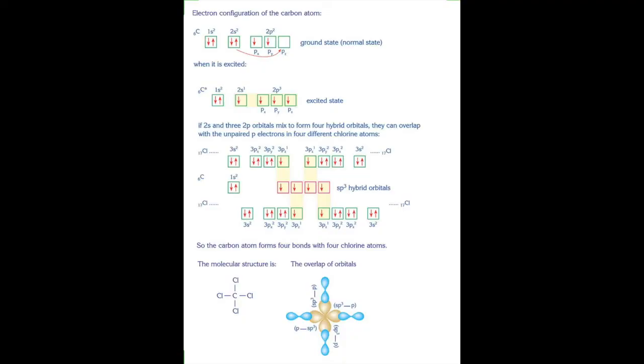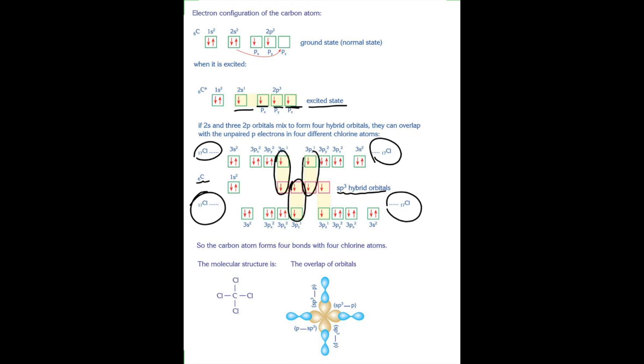In the excited state of carbon, we can see 4 single electrons, and when the carbon and chlorine atoms react with each other, they should overlap their single electrons. Each chlorine atom is able to make 1 covalent bond, but carbon is able to make 4 covalent bonds, because it has sp3 hybrid orbitals, and they should overlap to make 4 covalent bonds.